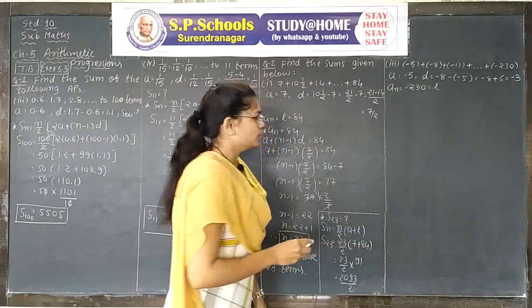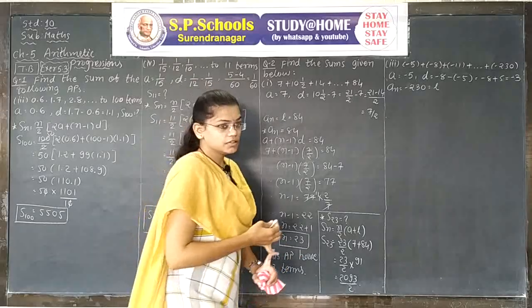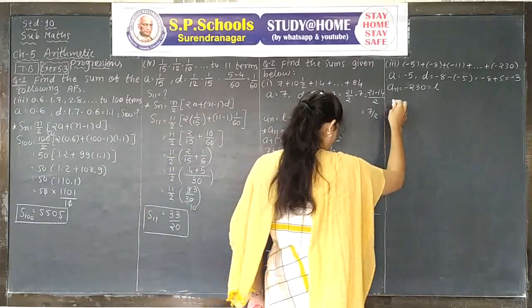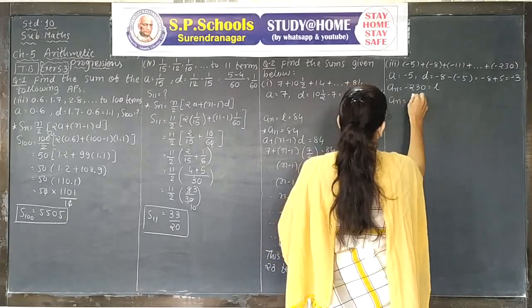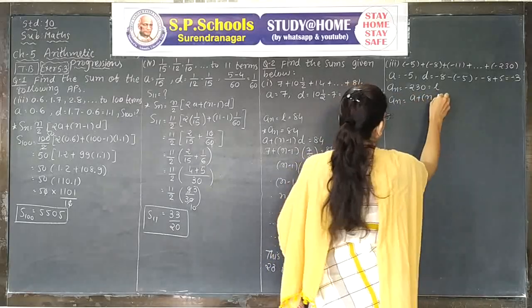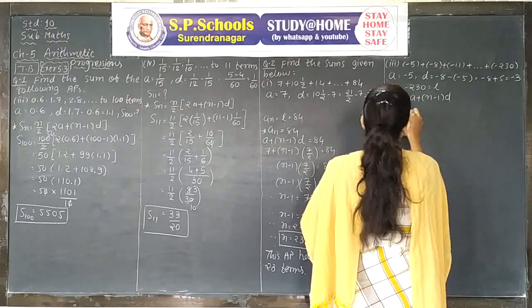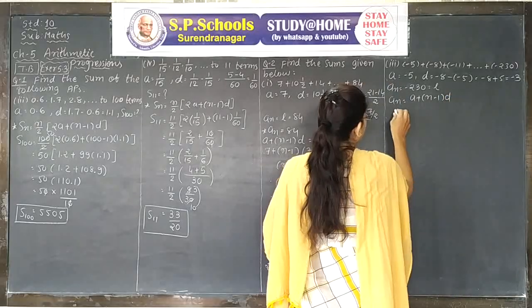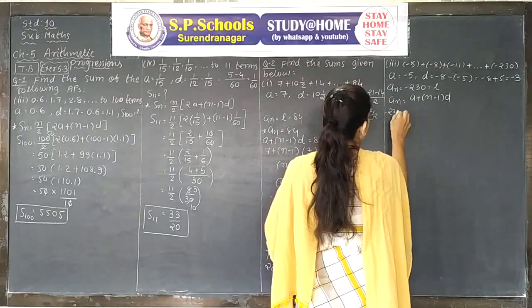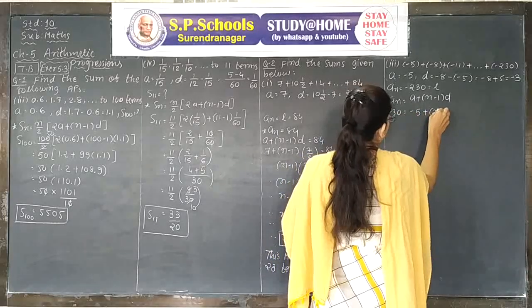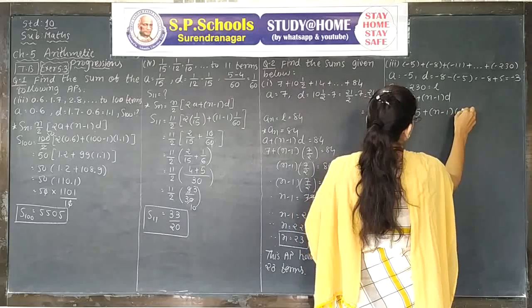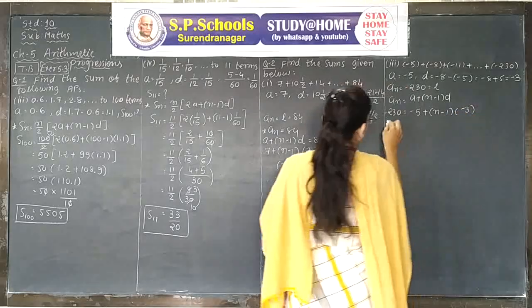First of all, to find the number of terms, we use an is equal to a plus (n minus 1) into d, where an is equal to minus 230. Instead of a, put minus 5, plus (n minus 1) and d, which is minus 3.